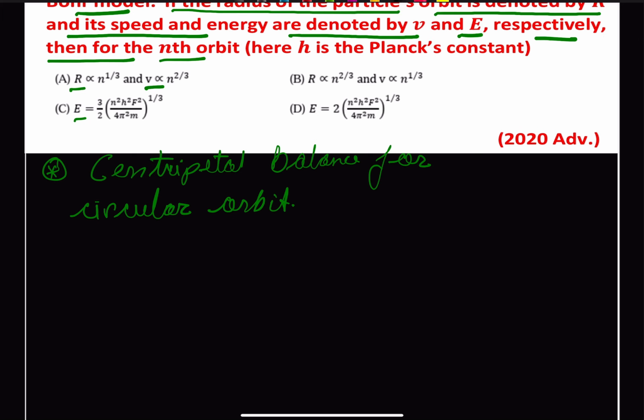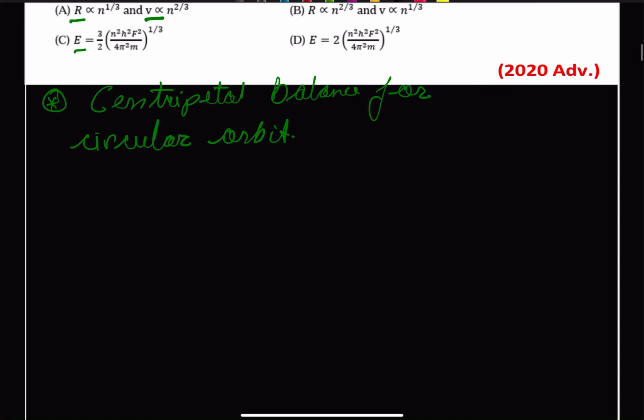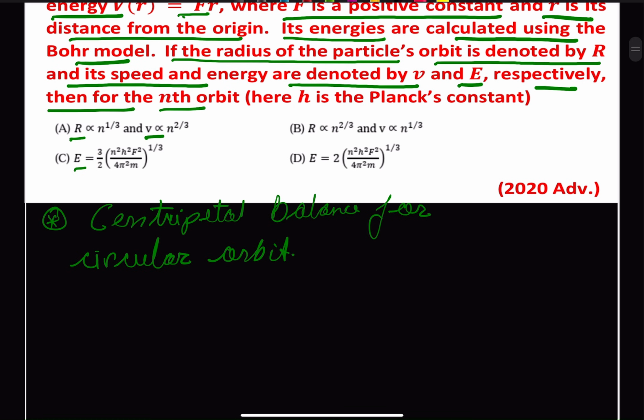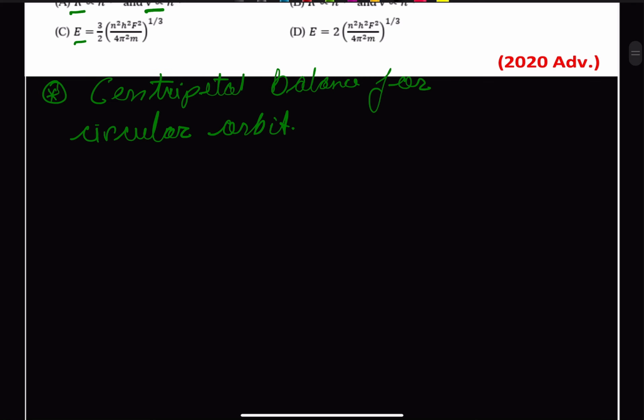It is given that the radius is capital R. Therefore from this we can write that our centripetal force mv square upon R will be equal to the force F, and from here we can say that our v square is equal to Fr upon m.